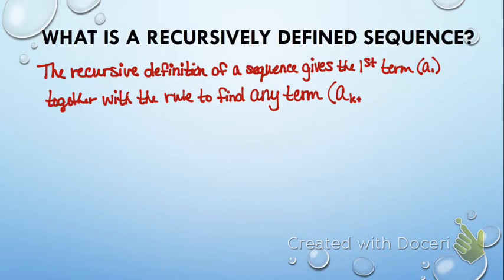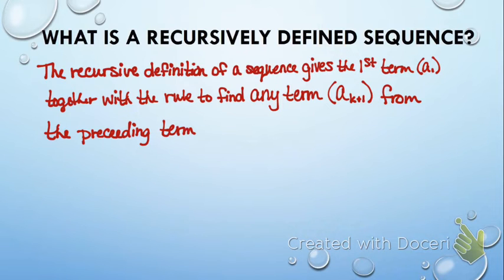We call this A k plus 1 from the preceding term, which we call A sub k.